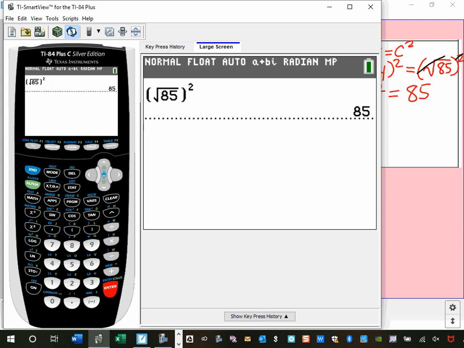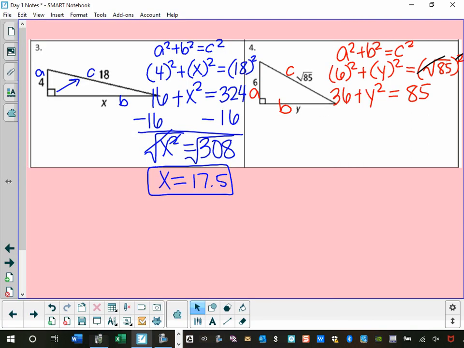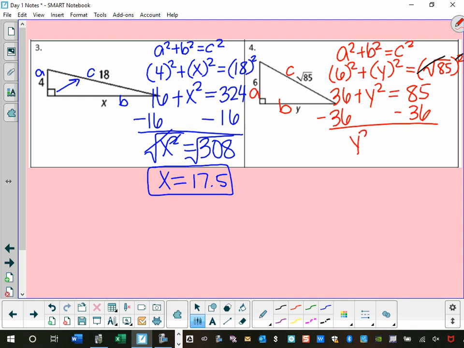So you should get 85. How do I solve the rest of this, Lula? Subtract 36. 44. So we have y squared is equal to 49. And then the square root. What's the square root of 49? Y equals 7.